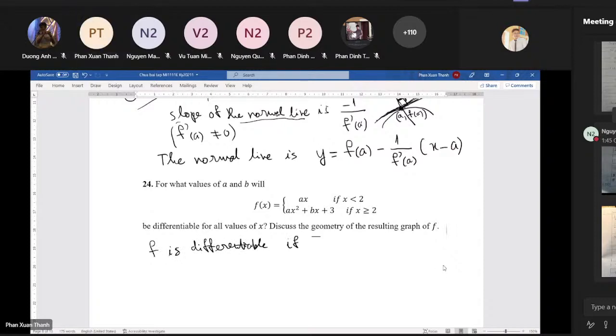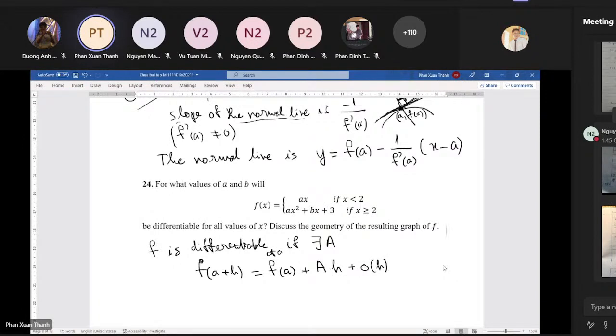If there is a number capital A such that f at a plus h equals f at a plus A multiplied by h plus an infinitesimal of higher order than h.